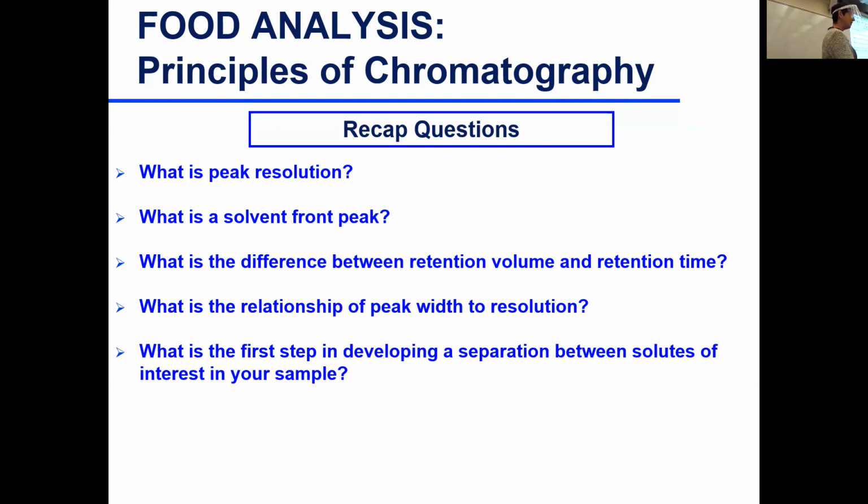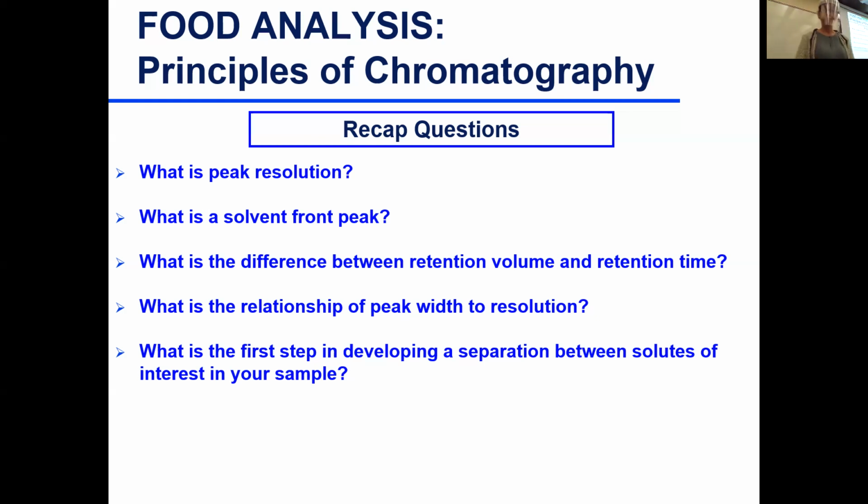But if there isn't, you start with what do I know about the compound? Is the compound polar, non-polar, charged, not charged, small, large? What do I know about it? And then you start with a stationary phase that you think your compound might interact with, and you start with a mobile phase where you keep it isocratic. And then you start looking at ways to enhance separation after that.